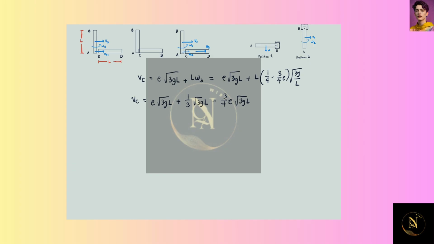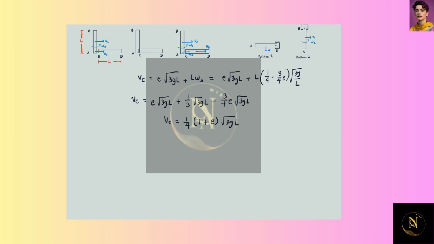We can combine the terms with e square root of 3gL, so we'll be left with VC equals 1 over 4 times 1 plus e times square root of 3gL.